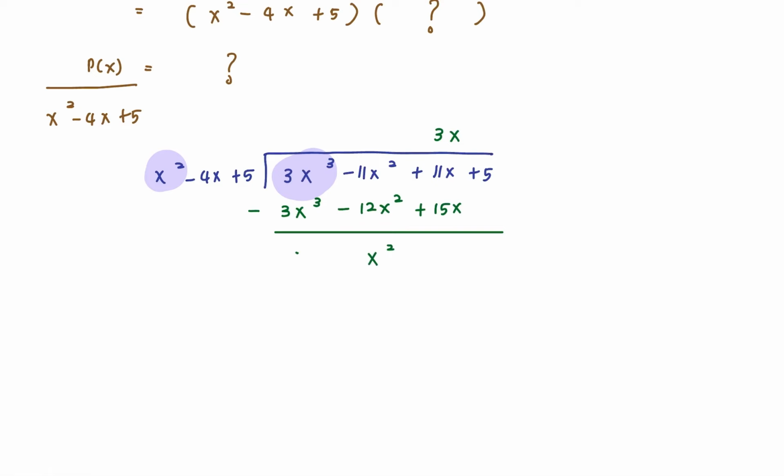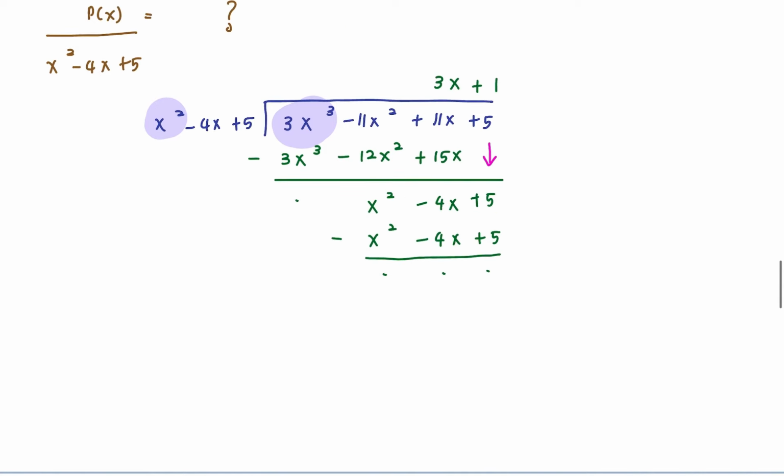This is x squared. 11x minus 15x is negative 4x. And then you just bring down this constant plus 5. Okay. Again, repeat. What expression multiplied with x squared gives x squared? So your answer will be 1. So you have plus 1. 1 times x squared, 1 times negative 4x, negative 4x, and this is plus 5. Minus, you have 0. So make sure the last number is 0.